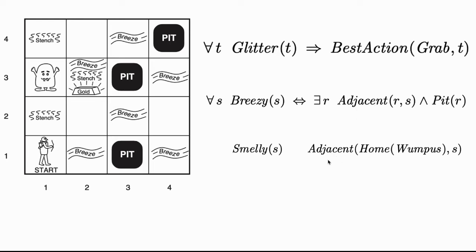Here again I am using the adjacent function. So I have adjacent home of wumpus comma S. So for all S, if S is smelly, then I know that the cell which is the home to my wumpus will be adjacent to my cell S. So again, as you can see, this rule has been represented using a single sentence in first order logic.